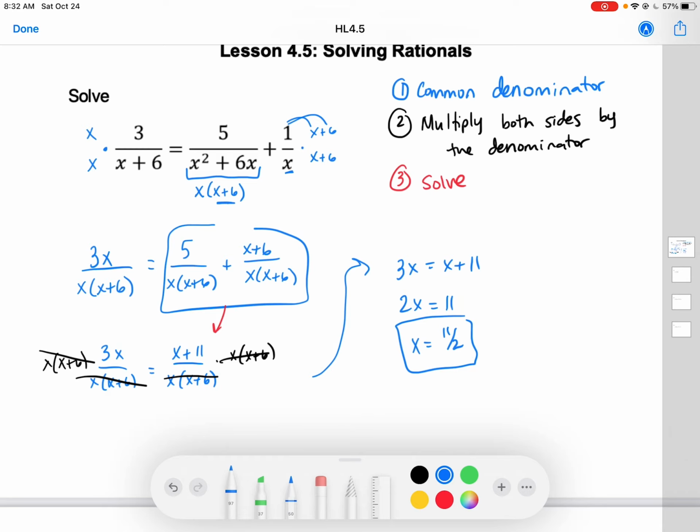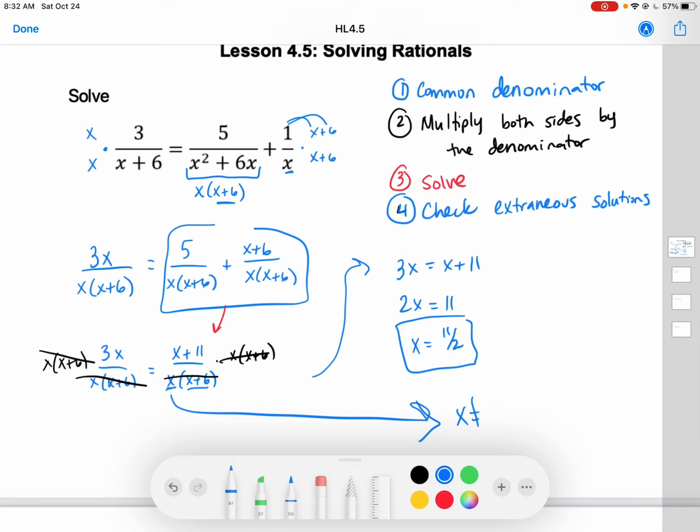Now, there is a final step we have to take into consideration. Step 4 is checking for excluded values or extraneous solutions. Extraneous solutions, I would just write them down based on that common denominator. You just have to tell me what x can't equal, because the denominator will tell you exactly how many you should have.